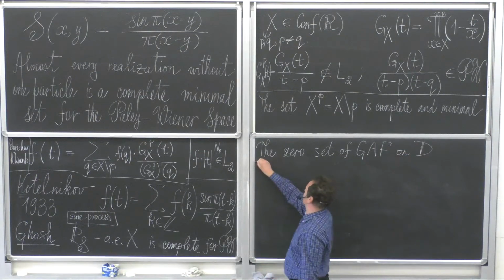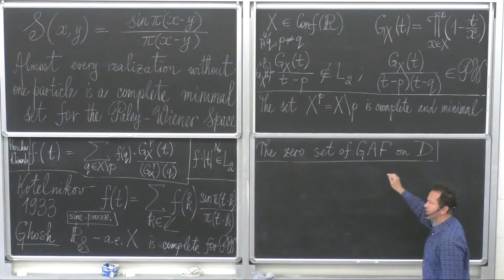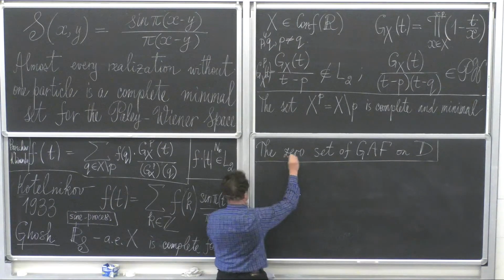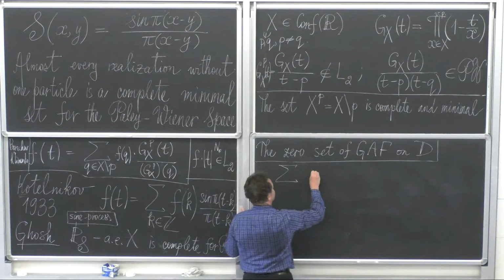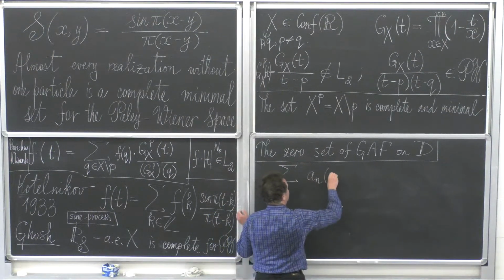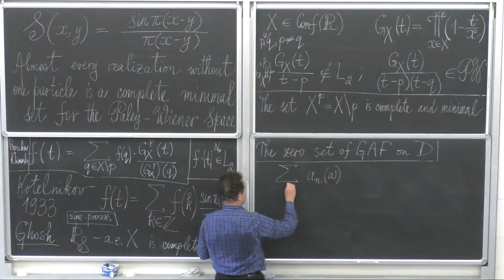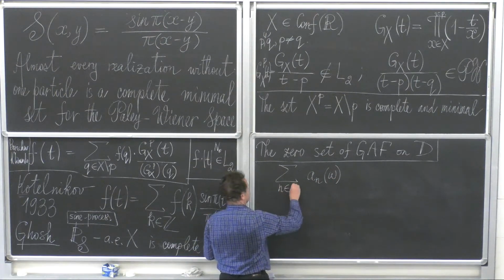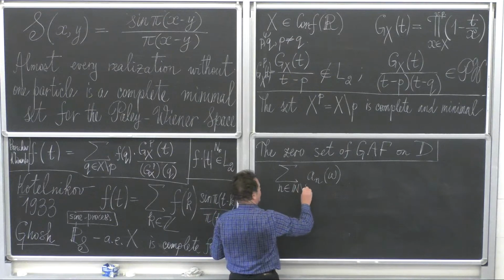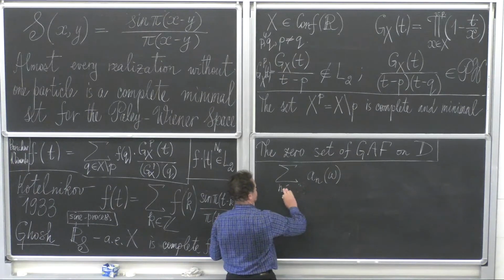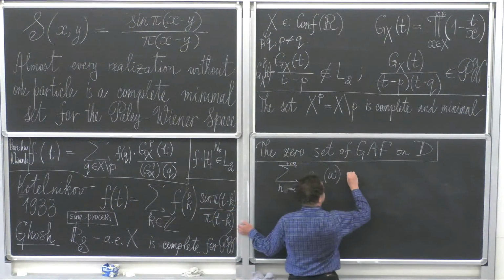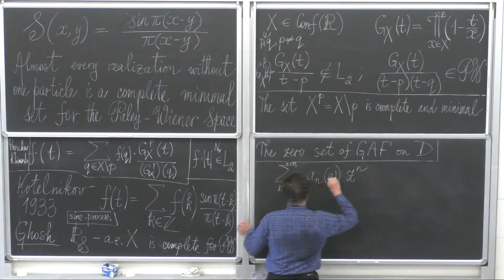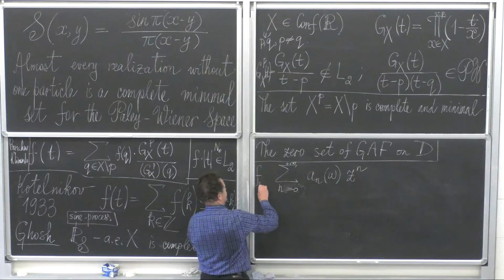So let us briefly recall that I consider the series, the sum of a_n(ω) z^n, where ω is the randomness and n goes from 0 to infinity. This is a random series.